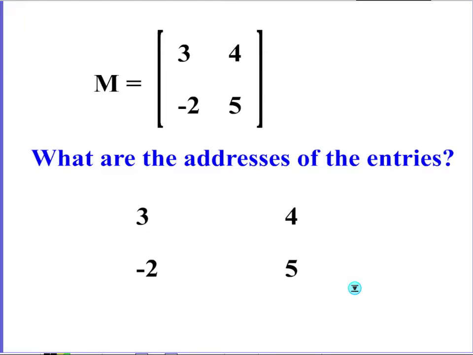Let's go ahead and take a look at this, and here we have matrix M, and let's go ahead and write the addresses. Since I have matrix M, I'm going to use a lowercase m. 3 is in the first row, first column.